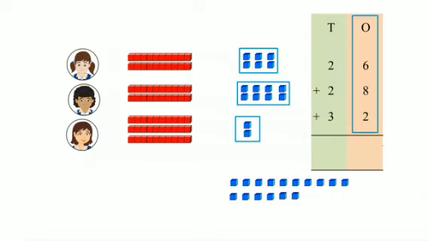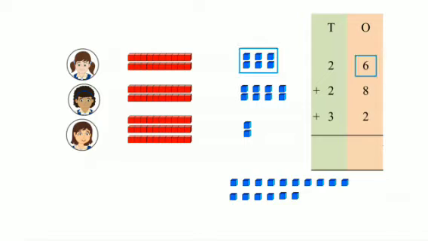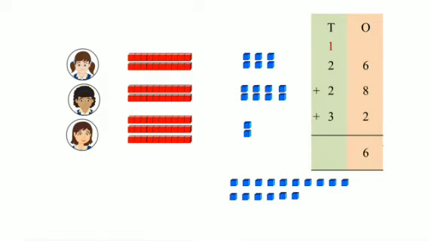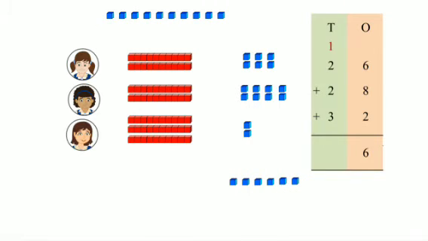First, let's add the ones. 6 plus 8 plus 2 equals 16. 16 has 1 ten and 6 ones. Regroup the 1 ten to the tens column.